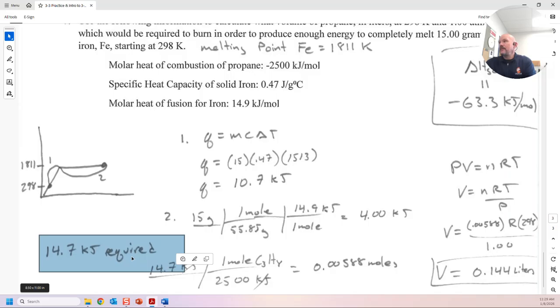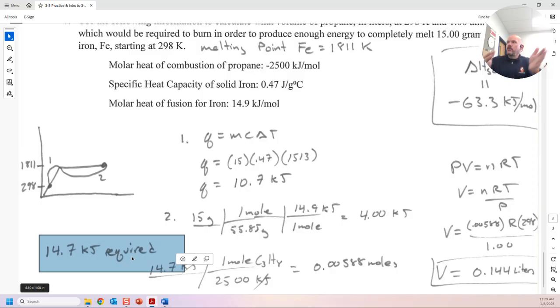Now, obviously, we don't live in a vacuum, and so we're not going to get exact energy transfer. So we're probably going to need a lot more propane because we're going to lose a lot of heat from that combustion reaction to the environment. It's not all going to transfer to the iron. But this is just kind of like an ideal situation.